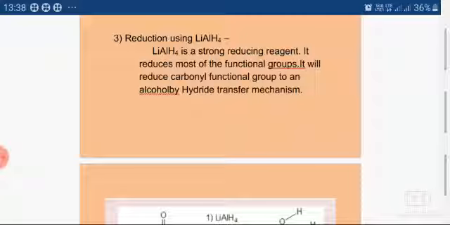The only functional group that is not reduced is a conjugated diene system, which is not reduced by lithium aluminum hydride. Otherwise it could reduce all the functional groups, so it is a strong reducing agent. It will reduce a carbonyl functional group to an alcohol by a hydride transfer mechanism.